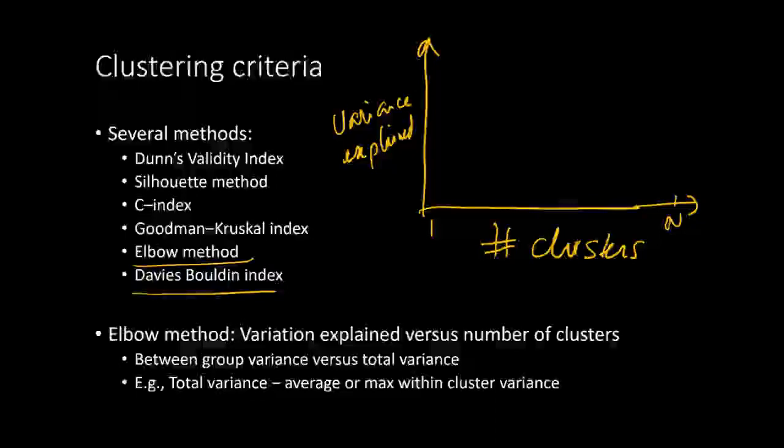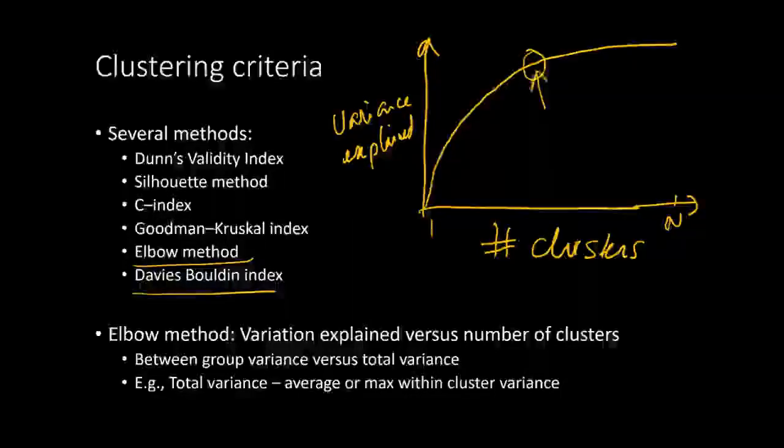If we have n clusters, they will explain all the variance that there is. If we have one cluster, then probably it will not explain any variance. So we will have a curve that goes like so, and somewhere it will have an elbow, and that elbow represents a good number of clusters.